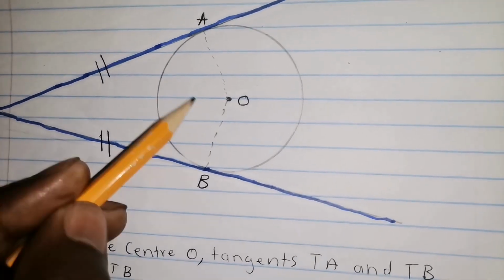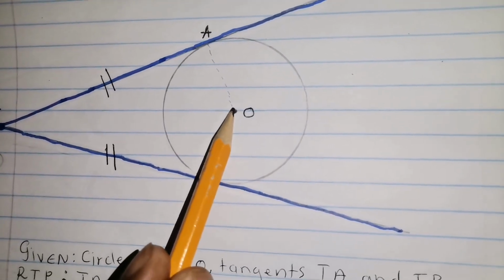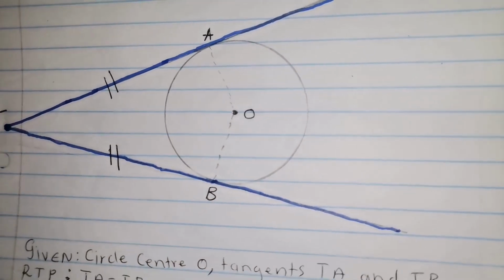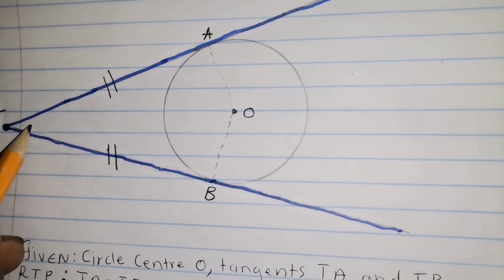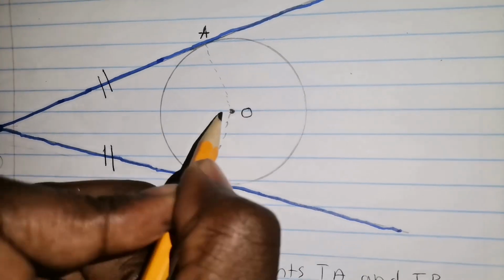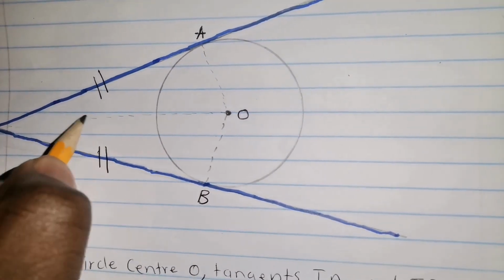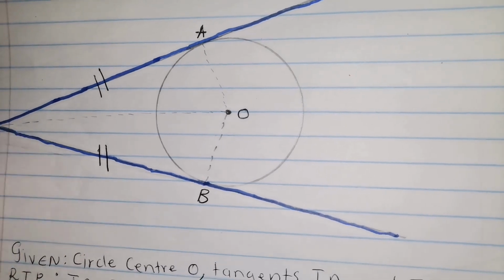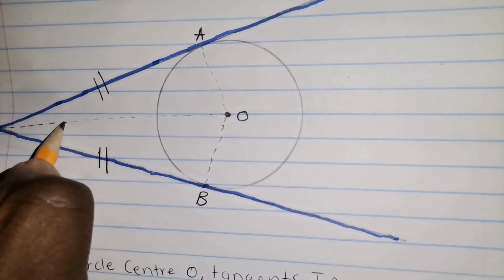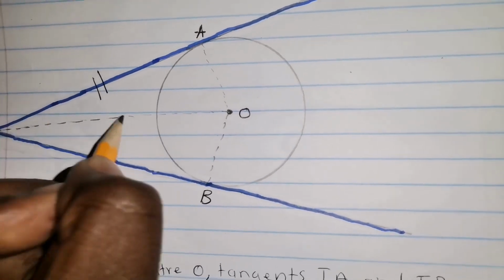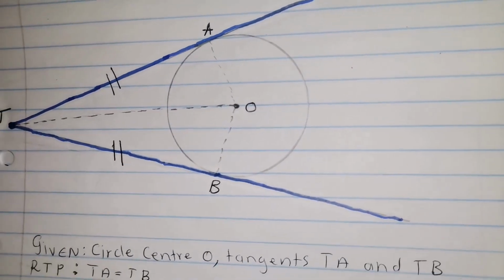Then we have constructed OA and OB. You can see that the center here, there's a line that we can construct, TO, obviously. T is gonna join O, to form two triangles. I hope you see them, guys. Yes, guys, this is our construction. We just try to make bold drawings now, so that they can see this construction clearly.